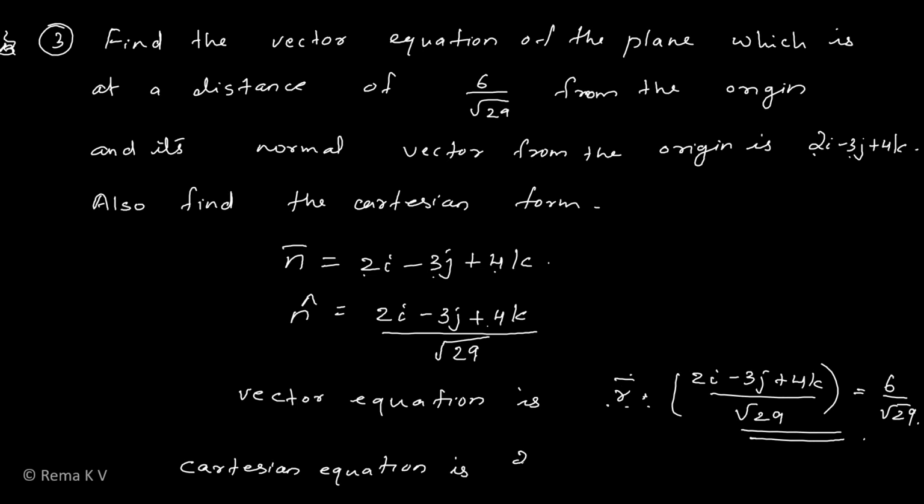So 2x minus 3y plus 4z divided by root 29 is equal to 6 by root 29. From both sides this root 29 gets cancelled and the answer is 2x minus 3y plus 4z is equal to 6. This is the Cartesian form.